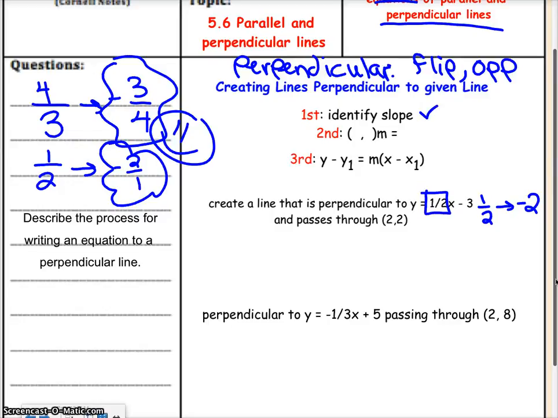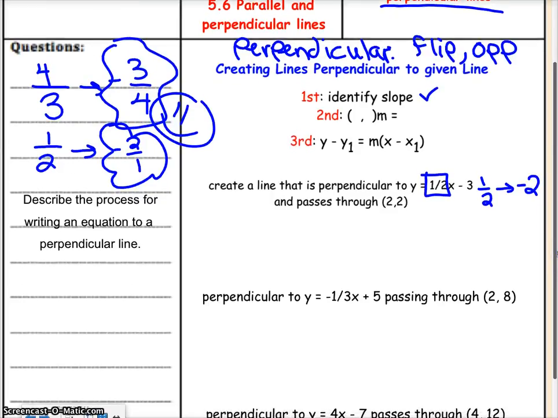That's step 1. Step 2, now I have my skeleton and my slope. So it looks like 2, 2. That's the point they told me. 2, 2. In step 3, I use point slope. And that's where it gets to be the algebra portion.